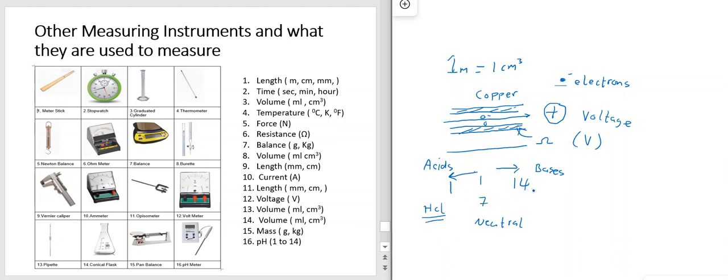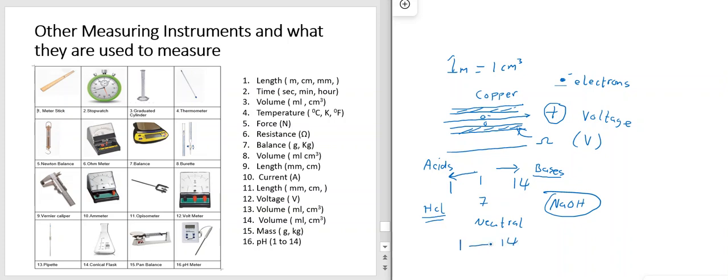If we take something that's basic, for example, the stuff that you use to unclog drains, it's normally sodium hydroxide, NaOH. This is a very basic substance, and that's just an example of bases, but we will look at bases in more detail. What you can do is use a pH meter: you just stick the probe into the substance that you want to measure, and it'll give you a reading between 1 and 14.